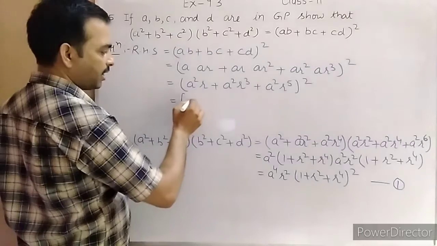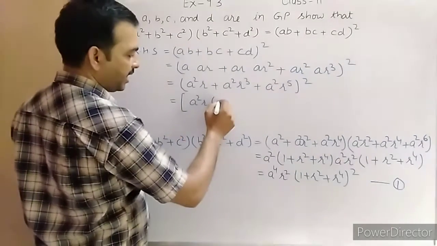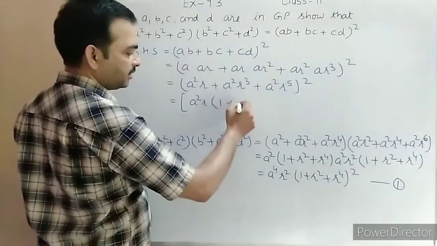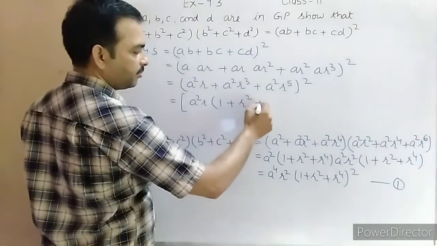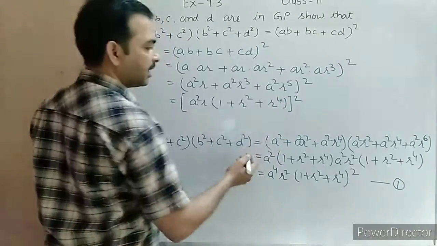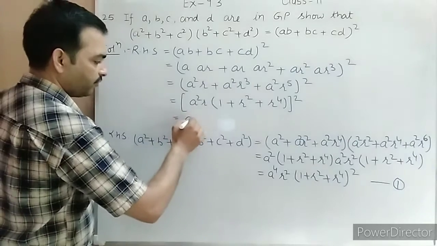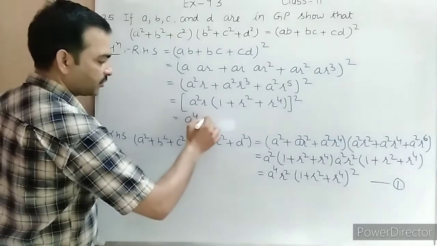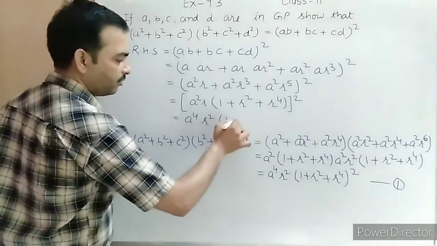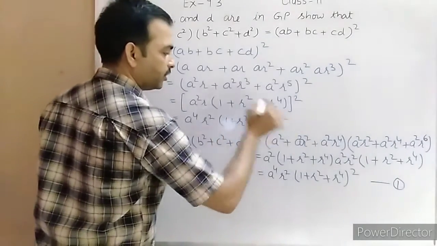So A square R is common and within the bracket I get 1 plus R square plus R power 4 whole square. Now I can distribute this whole square. So we get A power 4 R square and 1 plus R square plus R power 4 whole square.